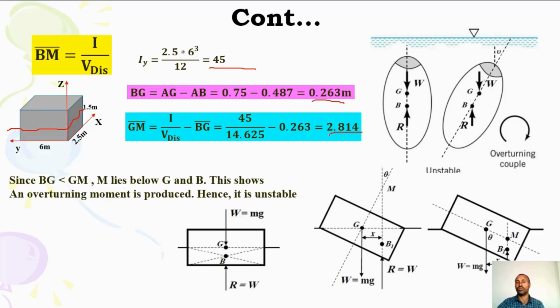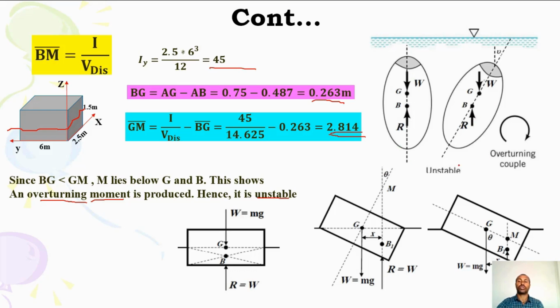So once you compute GM, this is the metacentric height. Since BG is greater than the first term, M lies below G and B. This shows an overturning moment, which is unstable. An overturning moment is produced, hence it is unstable. You can see these sketches. If the weight and the reaction force go through the center of gravity, then it will be in equilibrium.